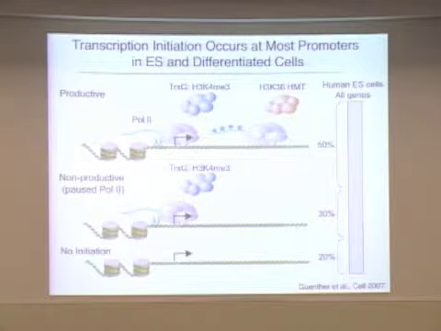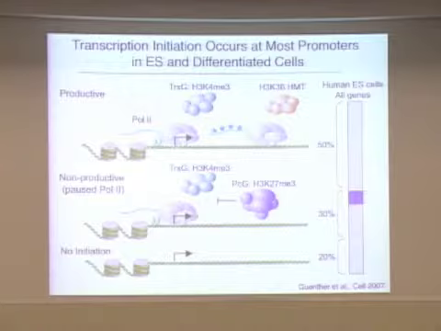Those genes in embryonic stem cells include many of the lineage-specific developmental regulators, which are poised for transcription during later stages of development. Now, they're poised, and at least a subset of them are repressed in part by the action of these polycomb group complexes that catalyze histone H3 lysine 27 methylation.